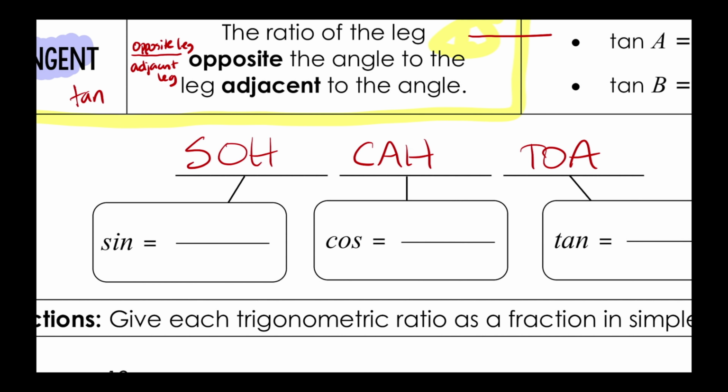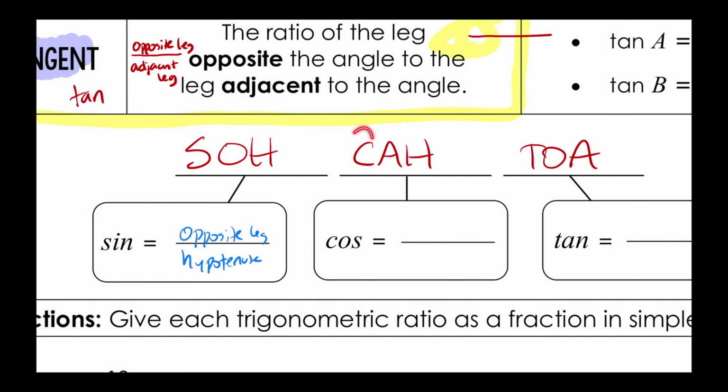S stands for sine. And then we have O and H, which means opposite leg over hypotenuse. Why do we say CAH?